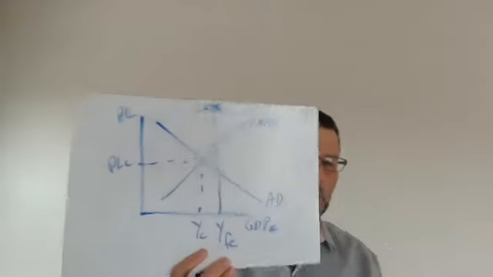You need to be able to put your long-run aggregate supply curve to the right of your intersection point, because your current intersection is below full employment, so that in the end, it would look like this. Okay. And there you go.